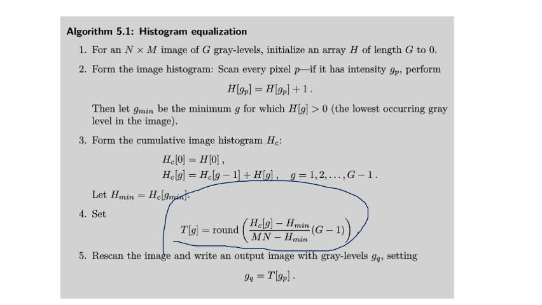First, find the histogram by scanning. Then you find this threshold value. For each pixel value, we calculate the transform value after equalization using this equation. Then we rescan the image and write an output image with the gray level gp, and this is how we set the output of histogram equalization.